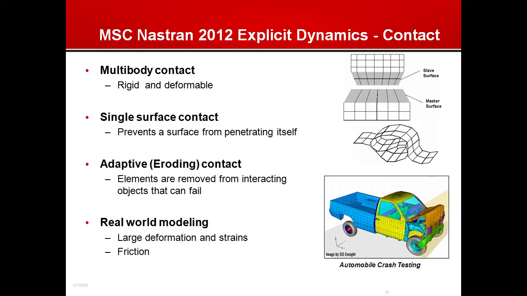So what we can do, in the lower right-hand corner here, is make the whole truck a single contact body and say, okay, I want you to check yourself for self-contact. And it's very simple to set up. We'll show you in our demonstration. We're going to do it shortly here. We also have the capability within contact that if you do have elements that fail, they're taken out of play. They're no longer considered for contact. So that's a neat technology, and again, gives us a higher fidelity resolution for our solution.